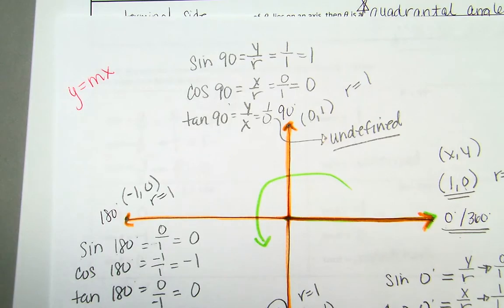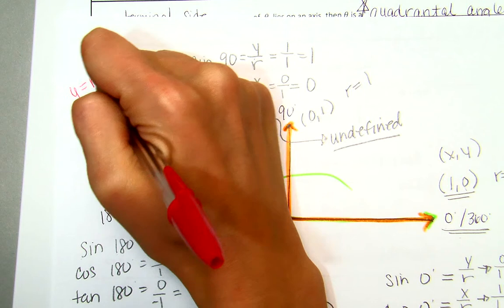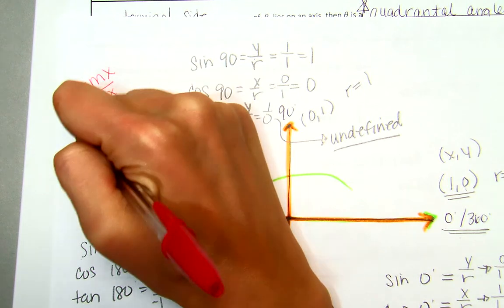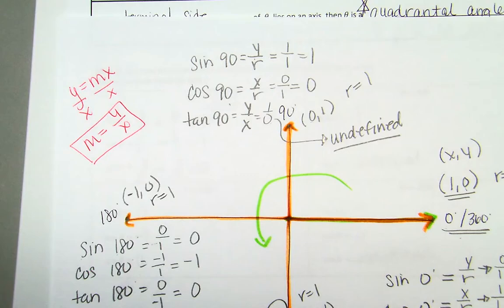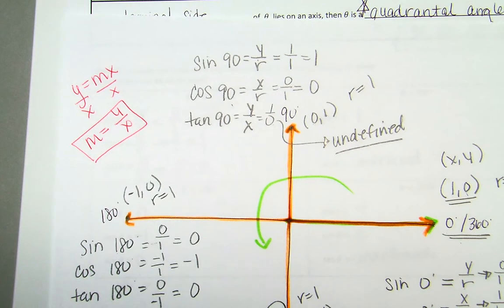That actually represents a line with slope. And if I divided both sides by x, my slope of my line is actually represented by the y over x line. Okay? So it's no wonder that when you connect your tangents, it correlates to the idea of a positive and negative slope.